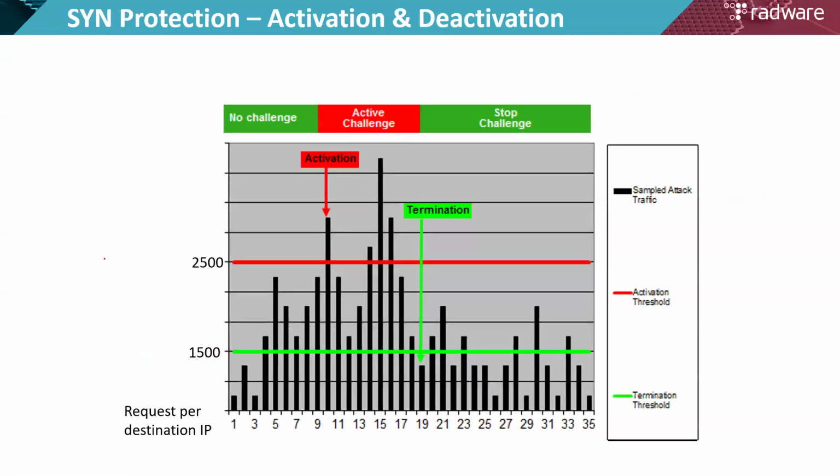So this is your activation threshold, which is mentioned here, which is 2500. And this is the termination threshold set at 1500. Now let's see how the SYN flood protection works. So this is the threshold level that we have set. Once the number of SYN packets goes above 2500 per second, then we will start the challenging.